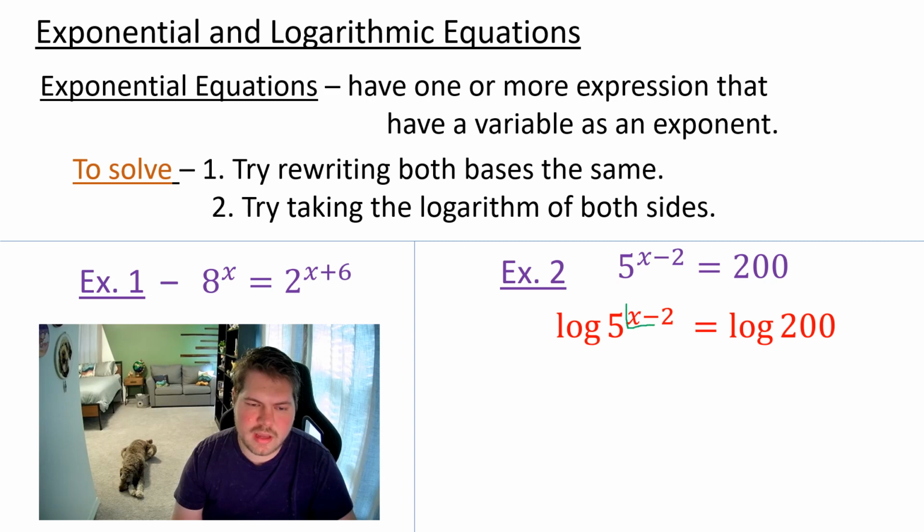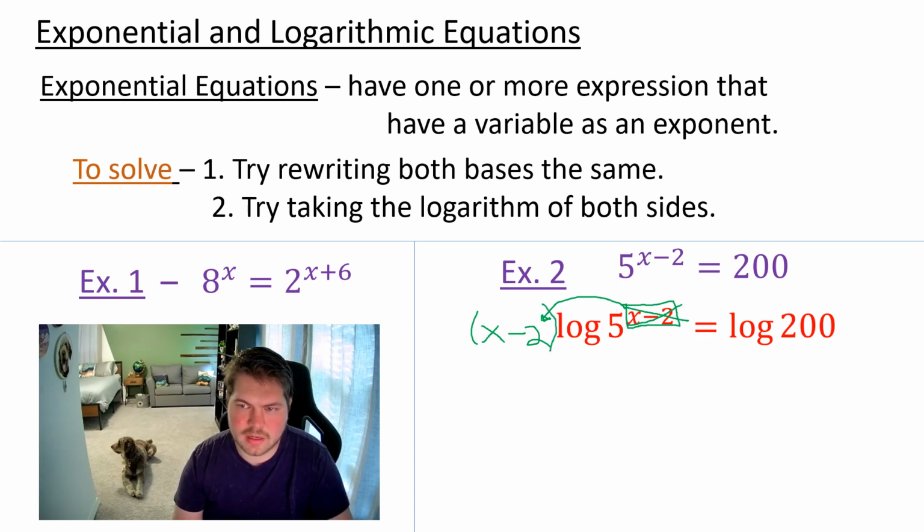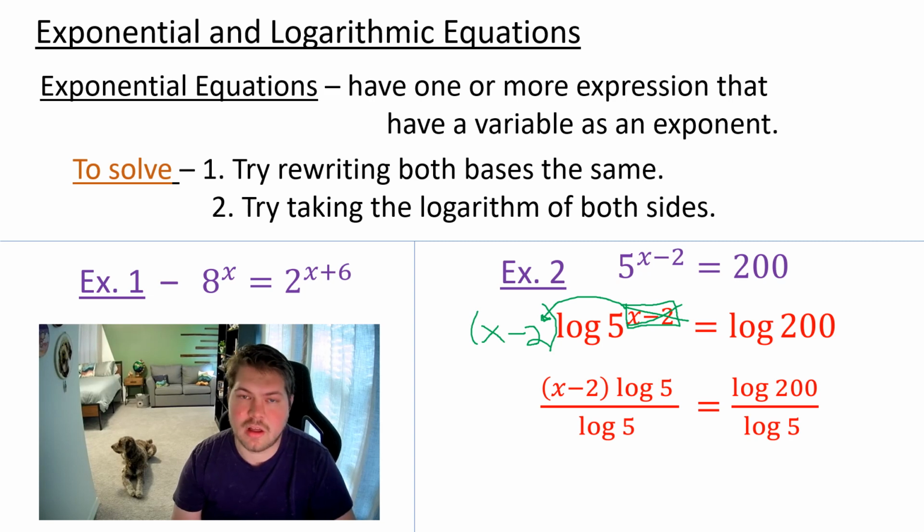Now, using that idea we had, we can actually bring the exponent to the front. So we can bring x minus 2 out here. And then now we have x minus 2 times log of 5 equals log 200. And we can actually just divide by log of 5 on both sides.